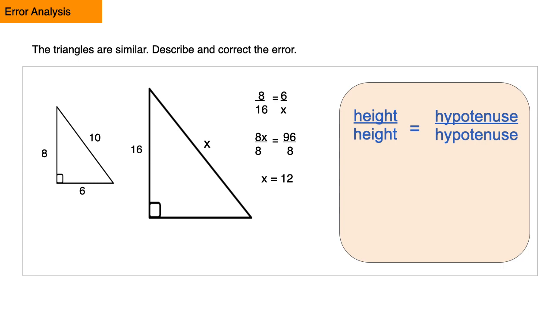So because we're solving for x, the hypotenuse, our ratio should be height over height is equal to hypotenuse over hypotenuse. 8 over 16 is equal to 10 over x. Now I can look at those fractions. I see that the denominator of 16 is twice its numerator. Therefore, x should equal 10 times 2. And x will equal 20.